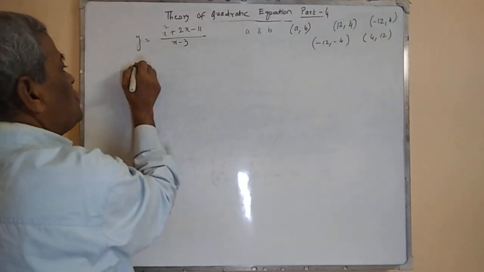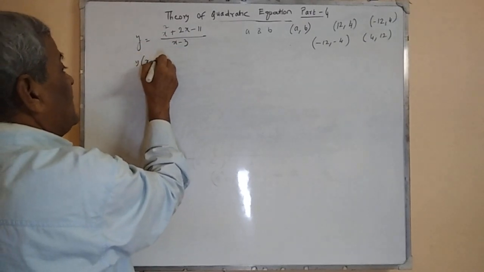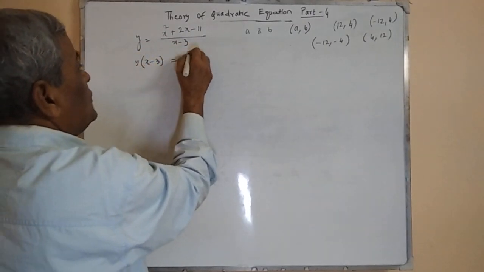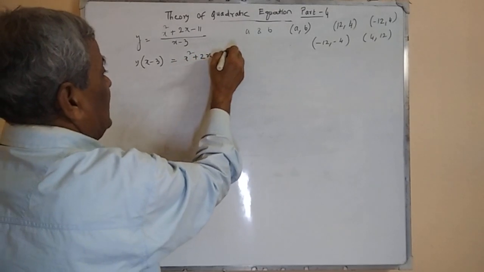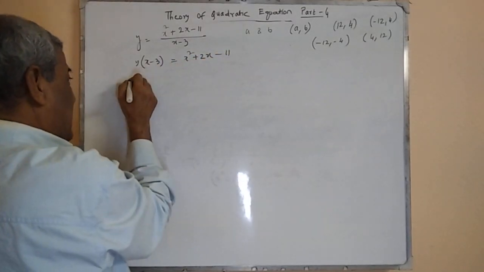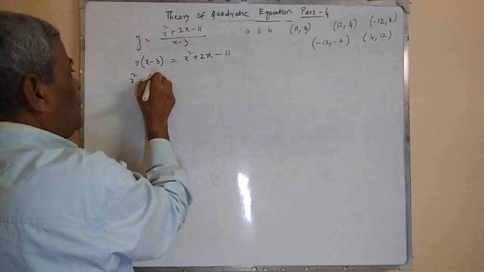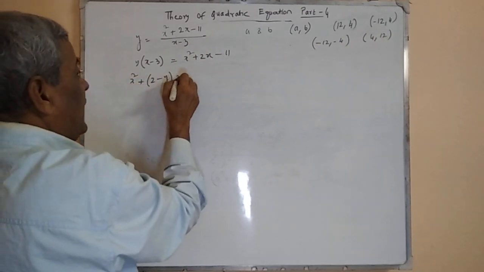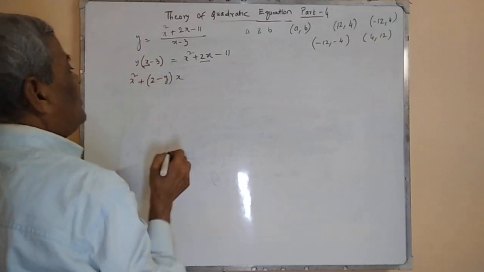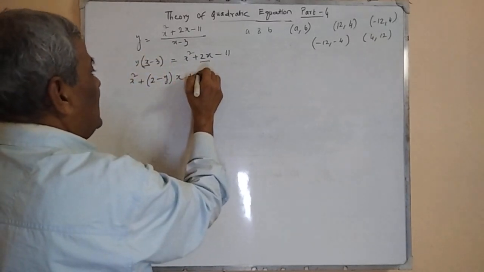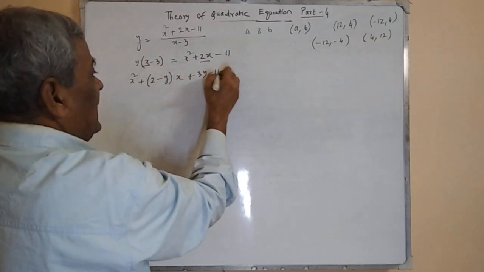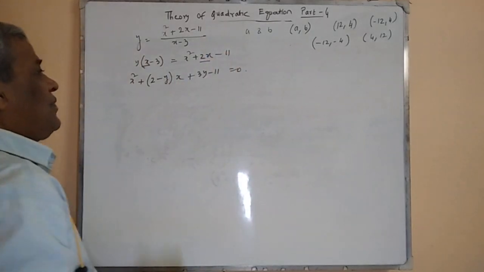By cross multiplication, y into x minus 3 is equal to x square plus 2x minus 11. That is x square plus 2 minus y into x plus 3y minus 11 is equal to 0.